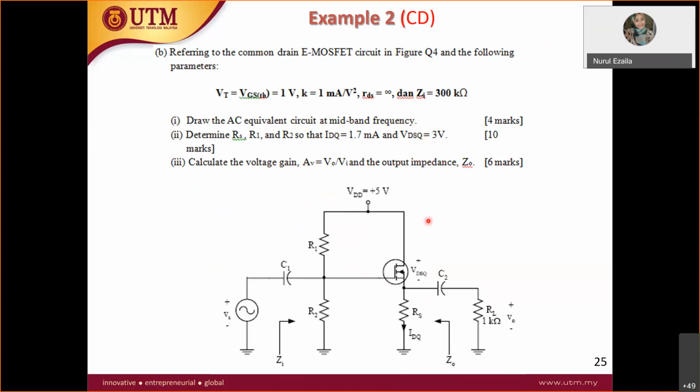So determine R1, R2. Oh, it is more on the DC analysis. VDSQ is given 3 volt, and then calculate the AV, draw the AC equivalent circuit. So what is given over here? ZAC in is given, 300 kilo ohm.